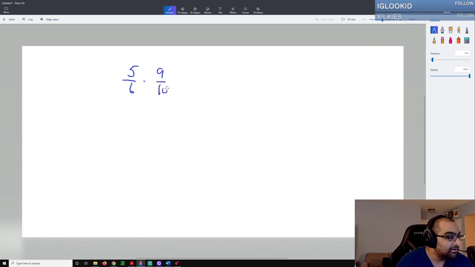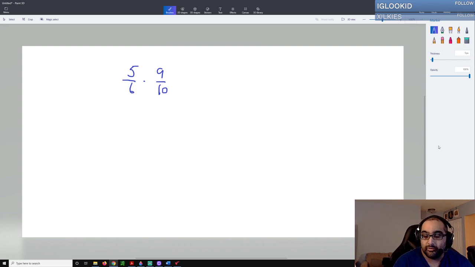All right. So remember, we want to simplify before we multiply. So we need to find a factor in common that we can divide out on both the numerator and denominator, both the top and bottom here. What two numbers can you see here that have a common factor?